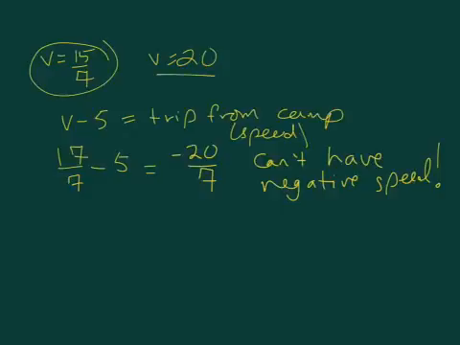Now let's look at that v equals 20. So remember, that's going to be the speed on the way to the camp, and remember this is miles per hour. Now let's say we wanted to find out how long it took the truck to drive to the camp.